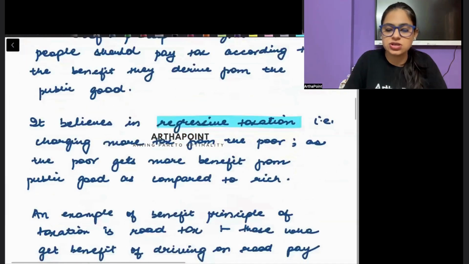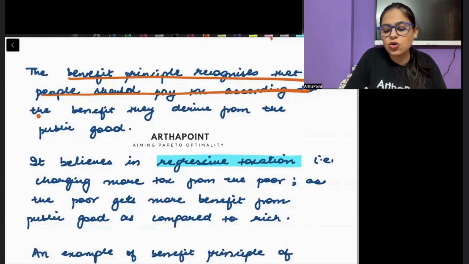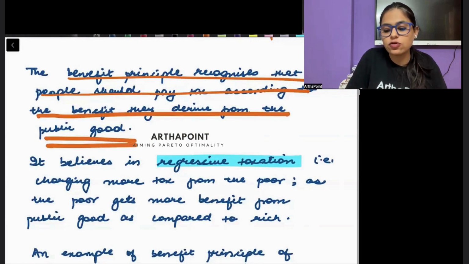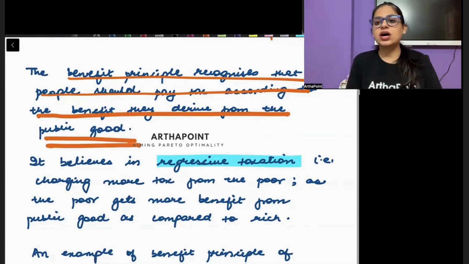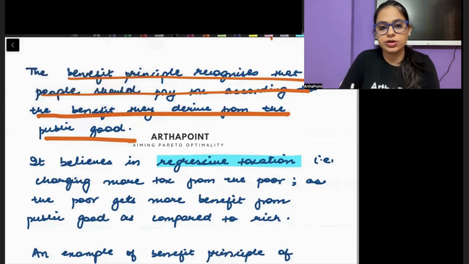So this is what is written here, that the benefit principle recognizes that people should pay tax according to the benefit they derive from the commodity. So we are saying that the tax paid will be according to the benefit that people derive from the commodity.